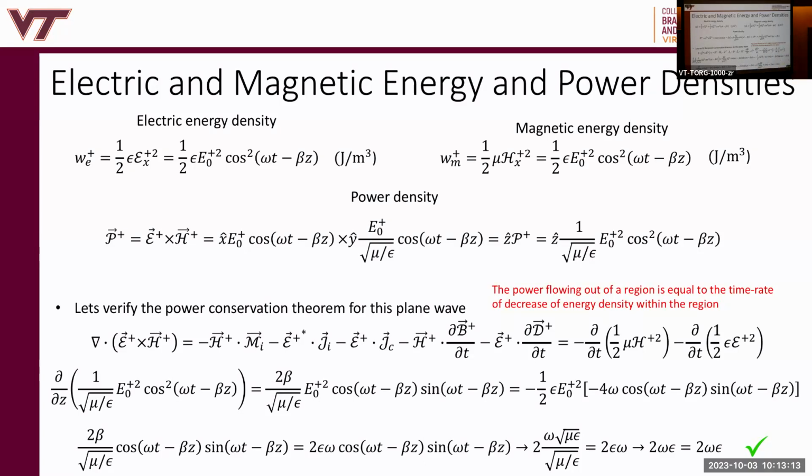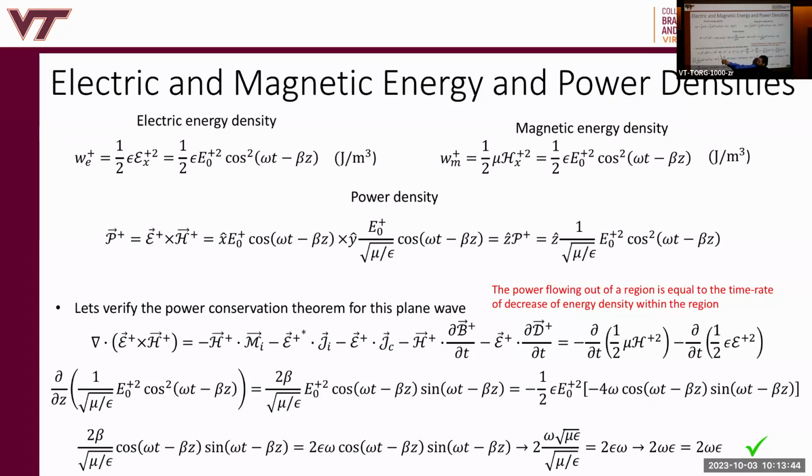So let's verify the power conservation theorem that we derived in lecture 1 for this wave. Here's the power conservation theorem, this whole line. Remember the power flow: the divergence of the power. This is E cross H, that is the flux of power, the power density, the Poynting vector. The divergence of that is if there's net power flow out of a volume, or a region, or a point in this case.